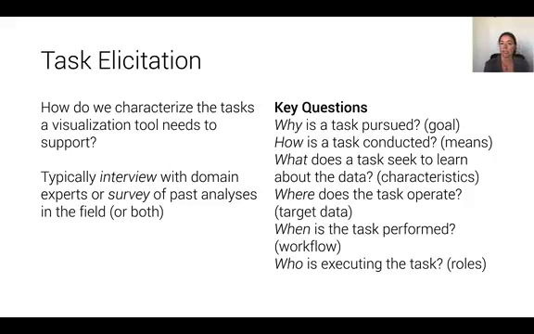This defines the means by which people work with the data. What does a task seek to learn about the data? What characteristics, patterns, or properties matter? Where does the task operate? What target data do we need to work with, and what frames of reference are we working within? When is the task performed? What knowledge do people have going into the task, and what knowledge will they have coming out? And what do they do next? And who is executing the task? What are the roles of our users in understanding this data?